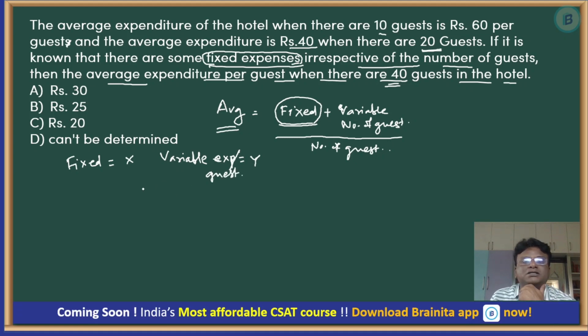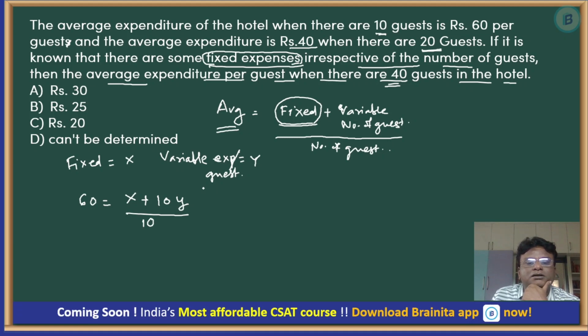Okay, so what are the things that we get? We have been told that average expenditure is 60 per guest. So the first average is 60. That is equal to fixed expenses plus variable expenses for how many guests? 10 guests. So this is (x + 10y) divided by 10.